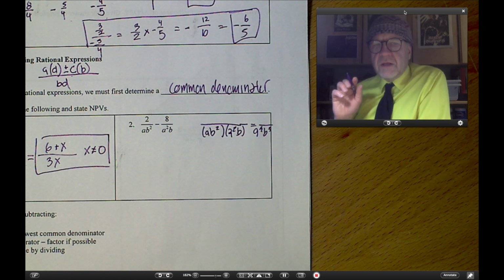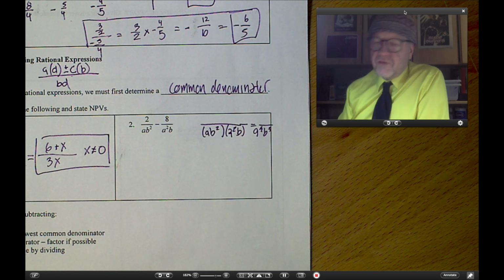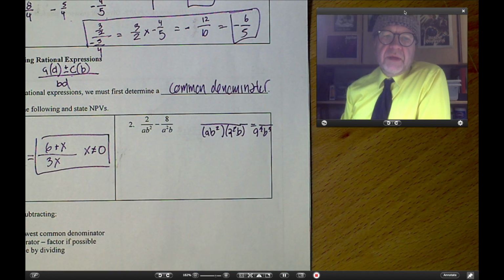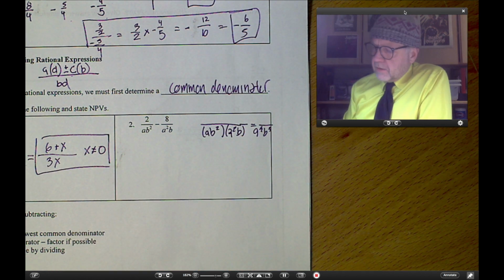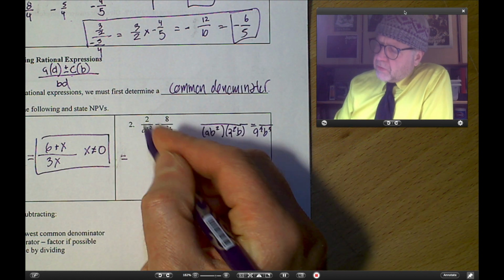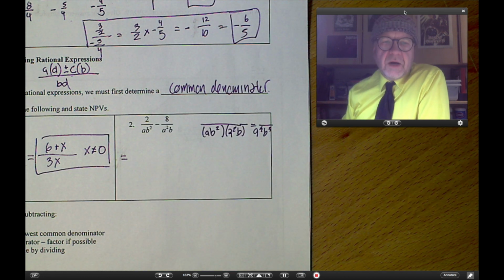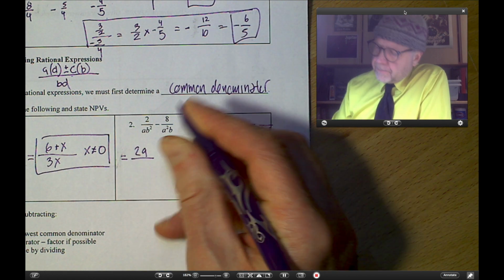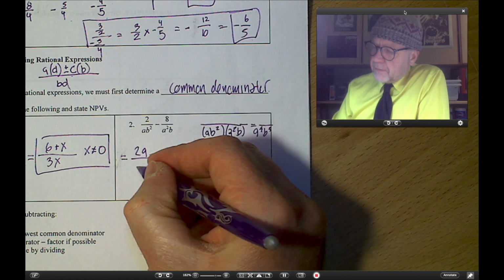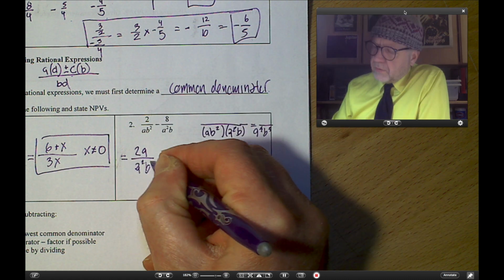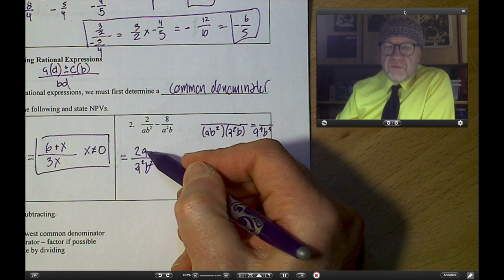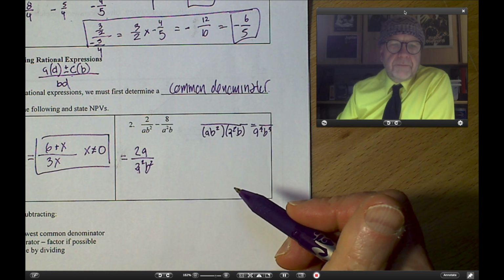But we can do a little bit of simplification straight up if we realize that a squared b squared would be a common denominator. So you ask yourself, well, what do I have to do to 2 over ab squared to get a squared b squared? Well, I'm going to have to multiply it by a, aren't I? I'm going to multiply the top and the bottom by a. Right? If I wanted to simplify this, the a's would divide out, and I come back to the original thing there. See what I've done?